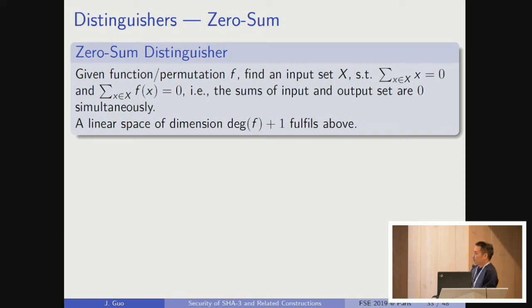A natural way to find this is a linear space of dimension up to the degree of f plus 1, because if you have a dimension of degree of f plus 1, then it's looking for the higher-order differential of this f function, so it will be 0.